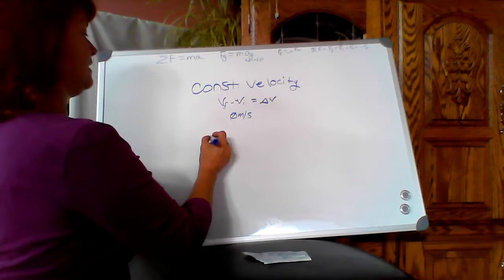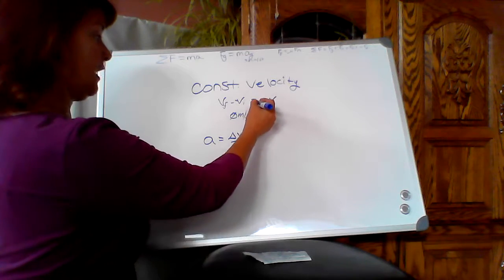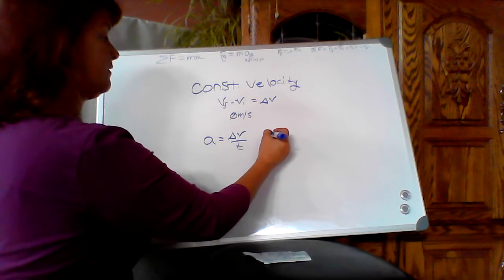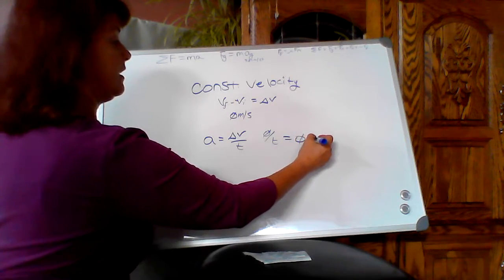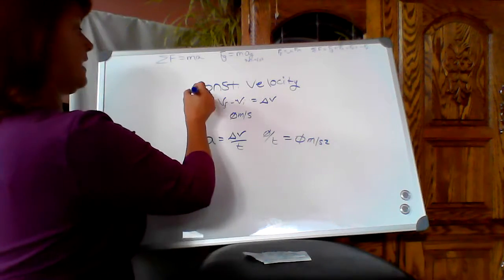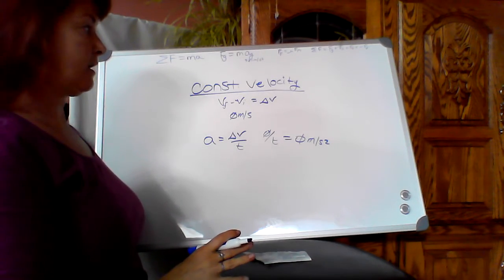And we know that the acceleration is equal to the change in velocity over time. So if our change in velocity over time is 0, our acceleration is going to be 0. So anytime we see something that has a constant velocity, we know that it has no acceleration.